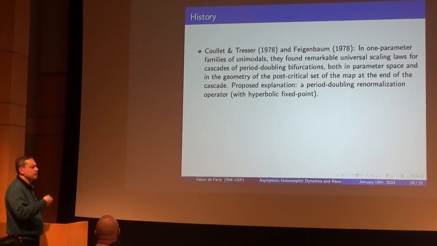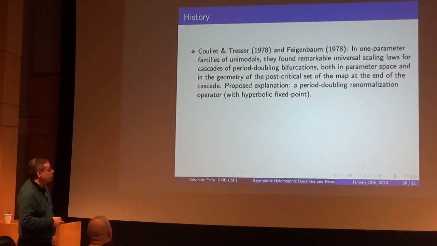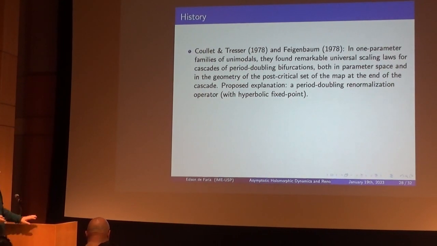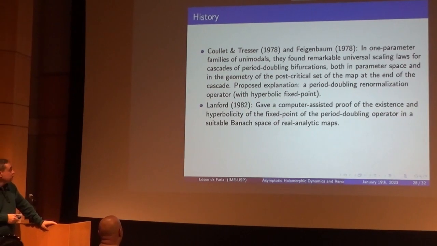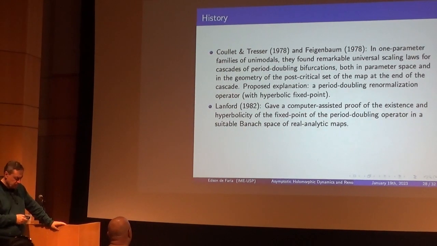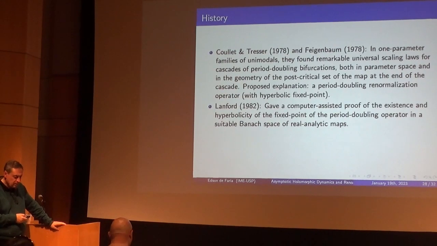So in particular, you have a universal Hausdorff dimension for these and so on. They proposed an explanation that there should be some kind of period doubling renormalization operator lurking beneath this. And shortly afterwards, Lanford was able to produce a computer-assisted proof of this. But of course, computer-assisted proofs are not very enlightening.